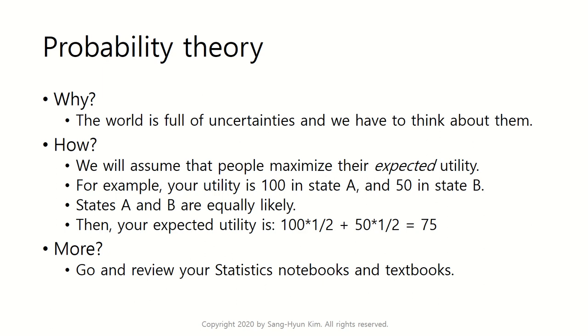Then your expected utility is your utility in state A, which is 100, times half, which is the probability that state A is taking place, plus your utility in state B, which is 50, times half, which is the probability that state B is realized.